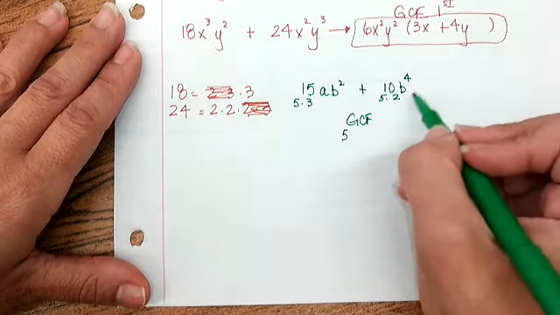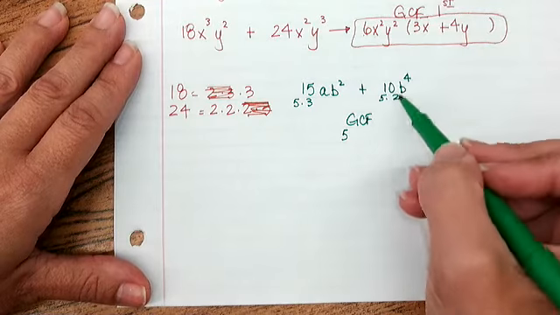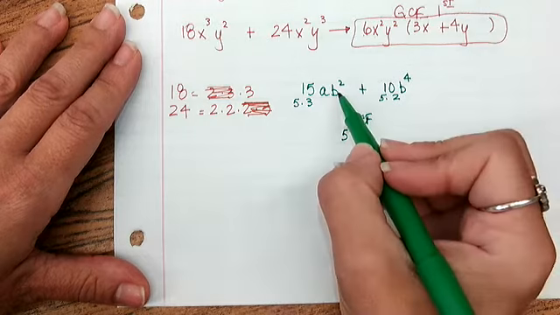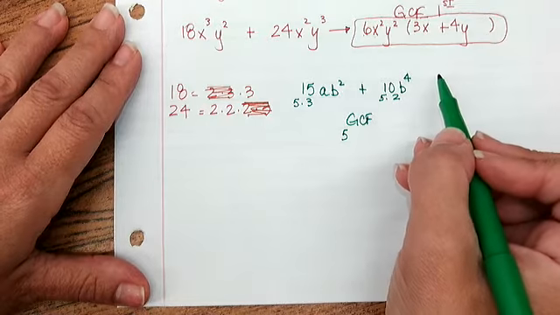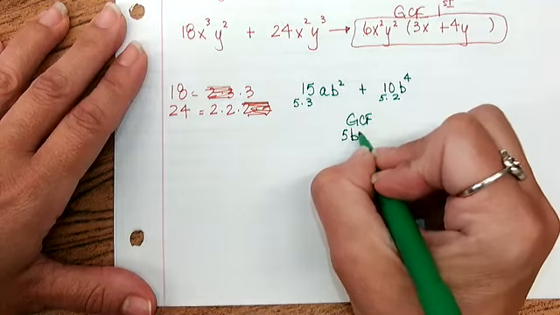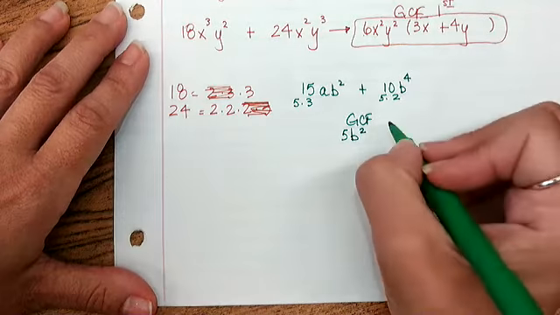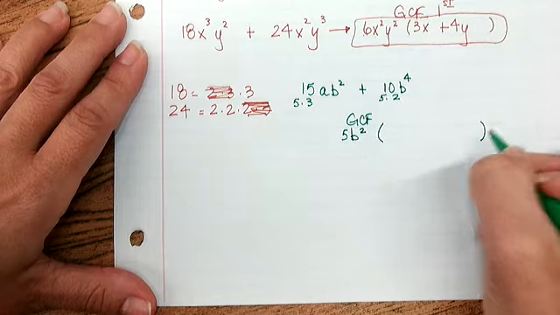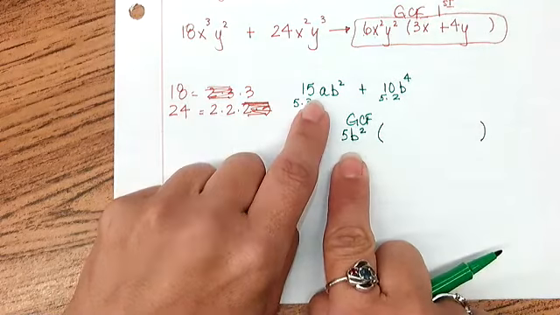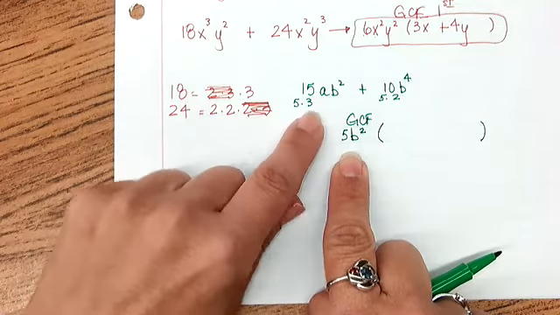There's no A's here. So the most they have in common is nothing. There's no A's associated with the 10. So there are no A's for your GCF. B squared, b to the fourth. The most they have in common is a b squared. There's your GCF. If I take 5b squared out of 15ab squared, I take 5 out, I'm left with 3.